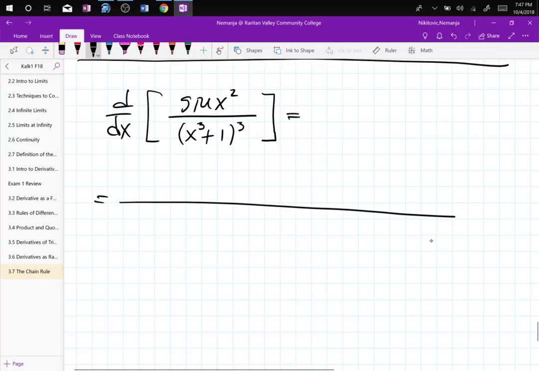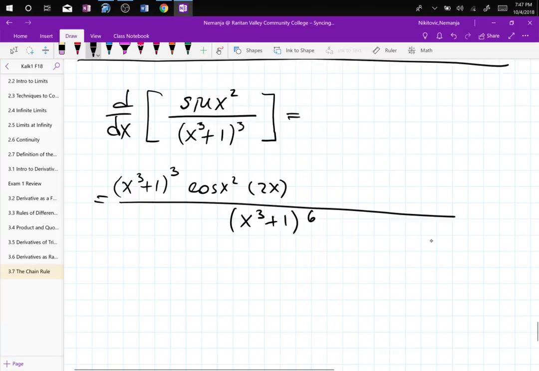We take the denominator and we square it, so that's going to be x cubed plus 1 to the 6th power. And we have x cubed plus 1 cubed. Now I need to take the derivative of sine x squared. That's cosine x squared times 2x, a chain. Because the derivative of sine is cosine and it was x squared, so it's not sine x, it's sine x squared.